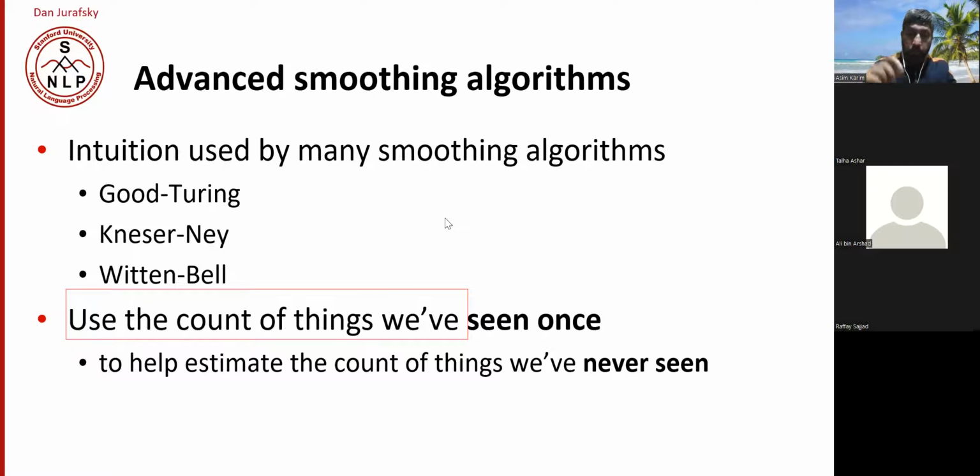So use the count of things that occur once to estimate the count of things that do not occur, so out of vocabulary words or unknown words. Once you do that, you get an estimate for unobserved or OOV events. But since you're moving probability mass from observed events to unobserved events, you will have to adjust the probability of the observed events. That's the whole idea here. So let's look at the notation.